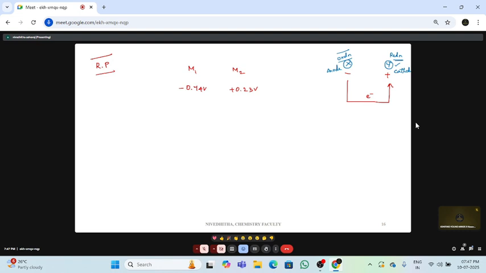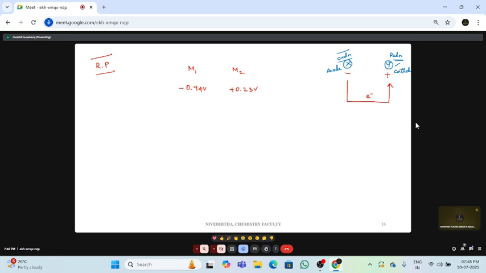Now could you tell me which is the oxidizing agent and which is the reducing agent? The reagent which is responsible for oxidation is called the oxidizing agent, and that reagent itself will get reduced, right? So based on that concept, among X and Y, which is the oxidizing agent and which is the reducing agent?